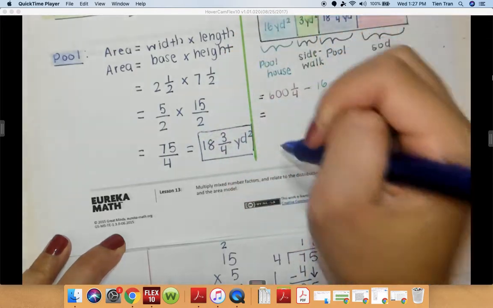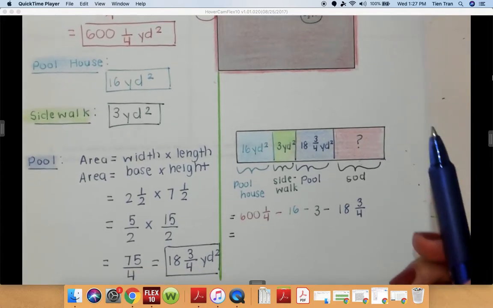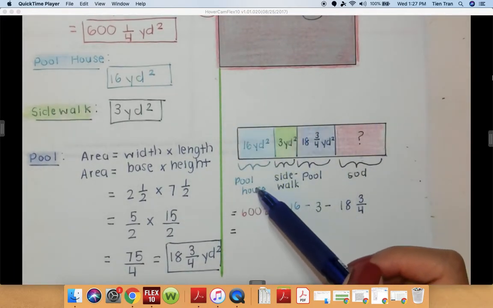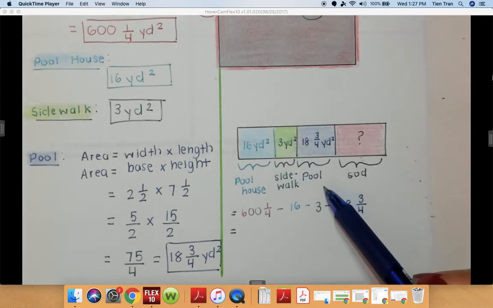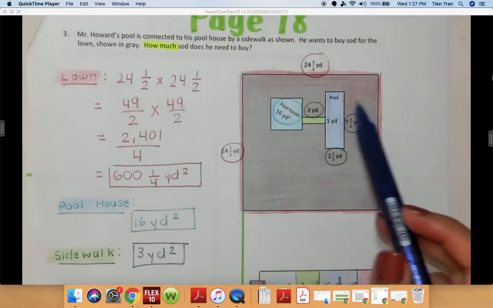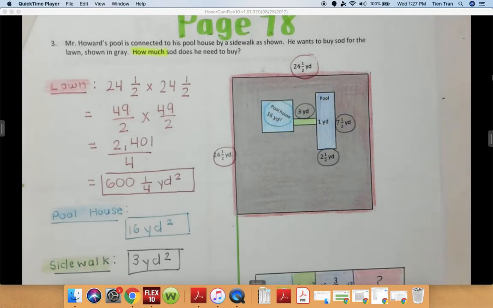And notice I kind of set up this area already on this side because I wanted you guys to see. So I drew a tape diagram. We have the pool house, we have the sidewalk, we have the pool, and we have not yet the sod. The sod is this gray area, all of it. But we don't want to include this part, so that's why we're subtracting.